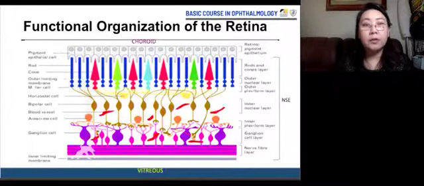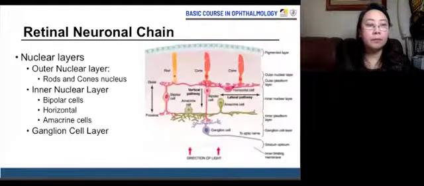So if you look at this picture, you see the neurosensory retina and the retinal pigment epithelium. The retinal neuronal chain is a 3-neuron chain from light source all the way to the brain.